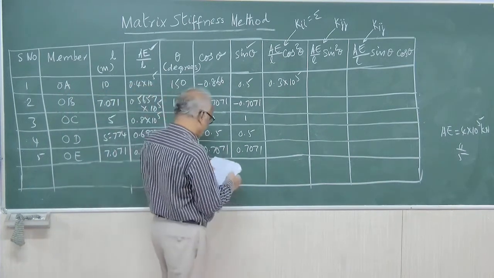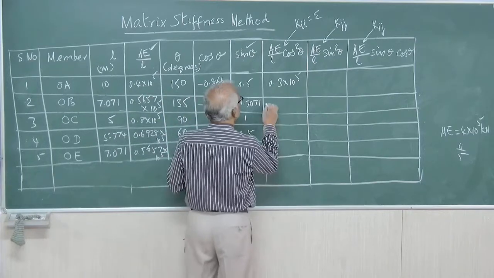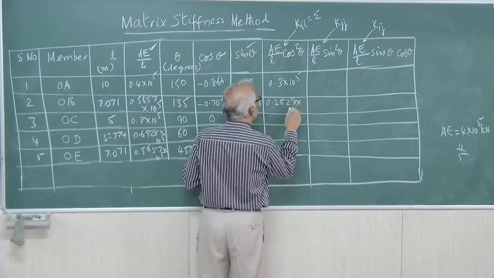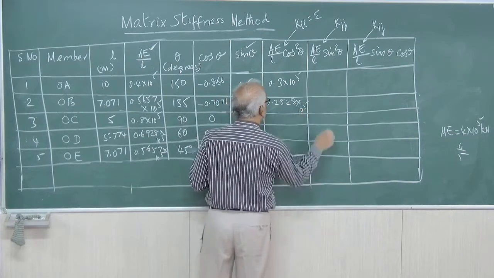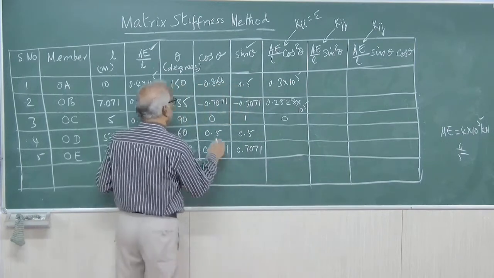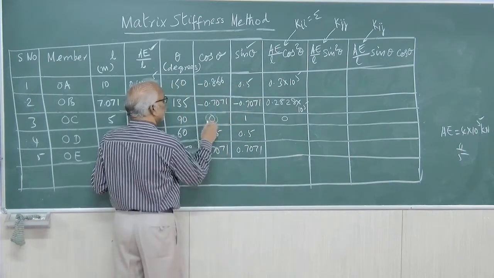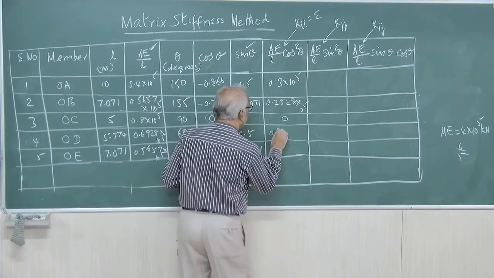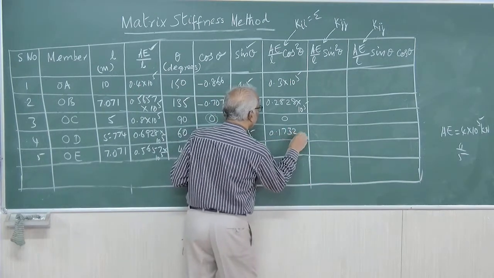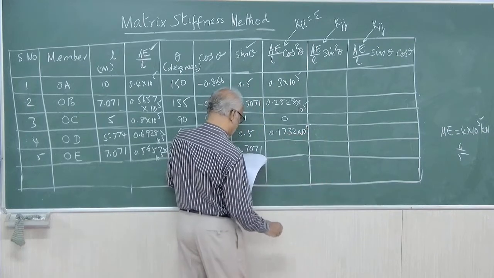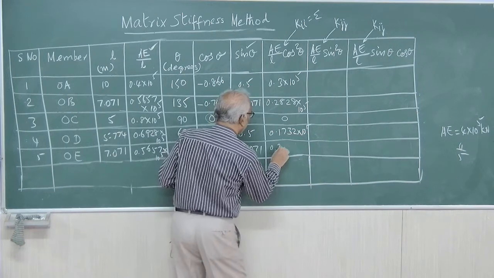So this value 0.2828 into 10 power 5. So we will have all values in terms of 10 power 5. This is 0 because cos theta is 0, therefore that is 0. 0.1732 into 10 power 5, 0.2828 into 10 power 5.